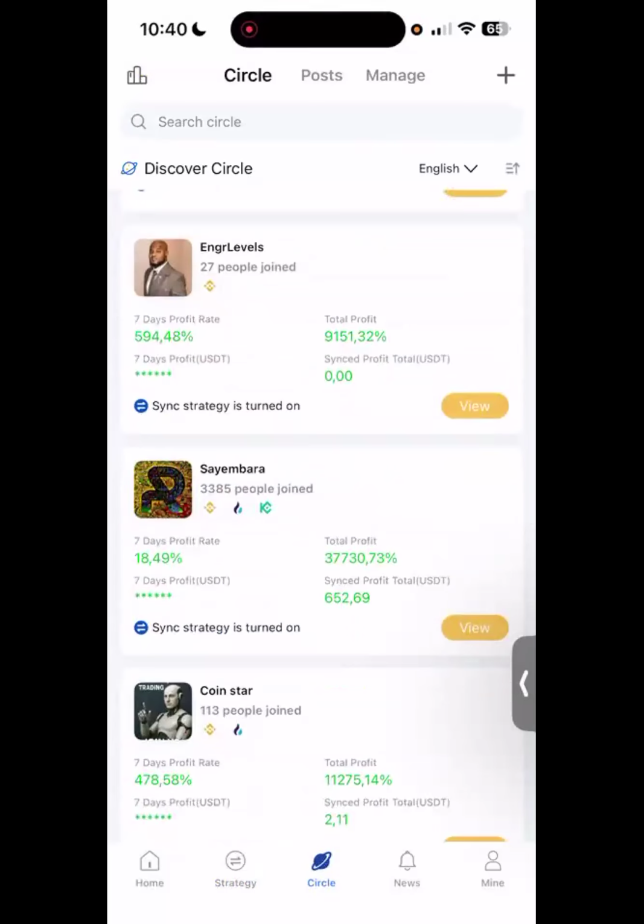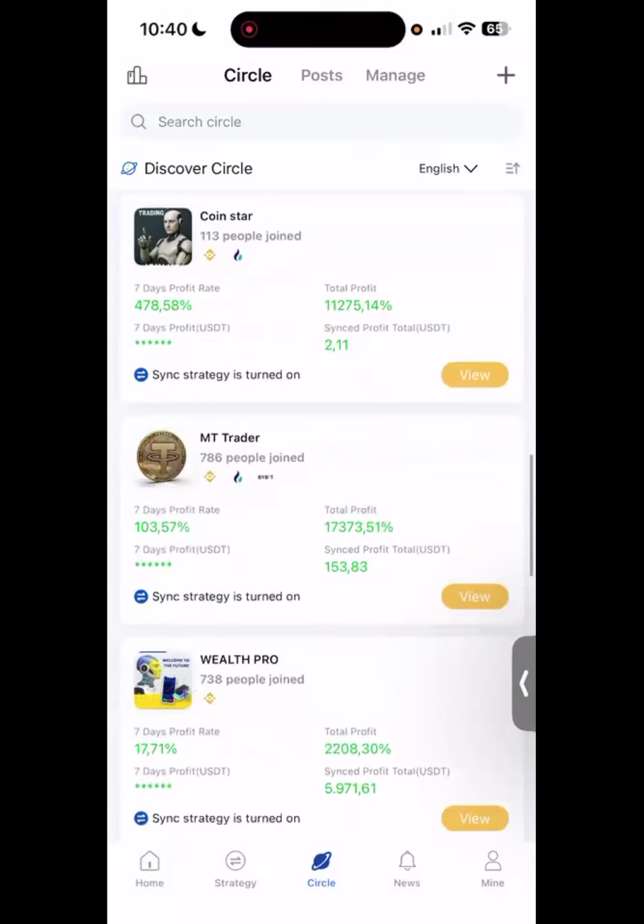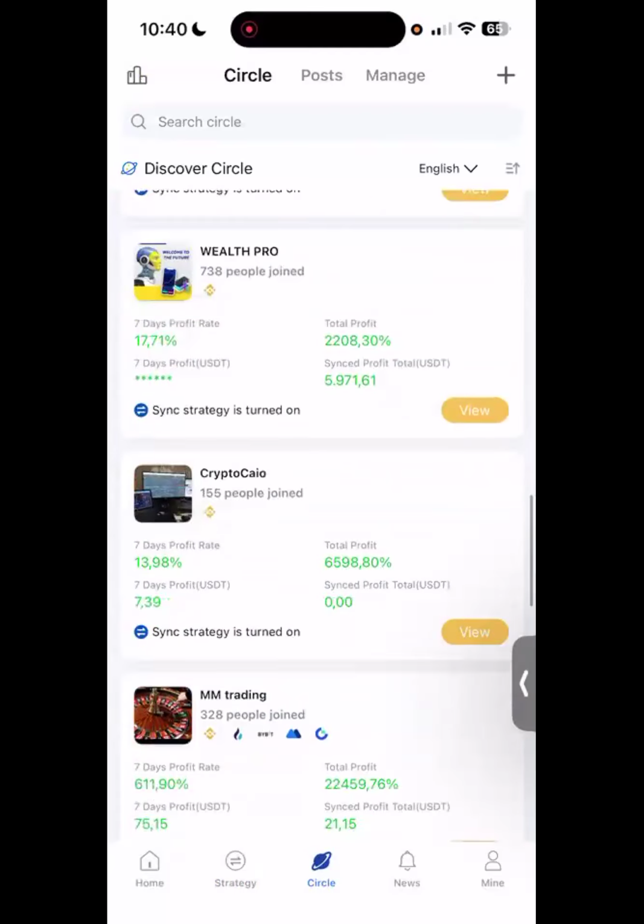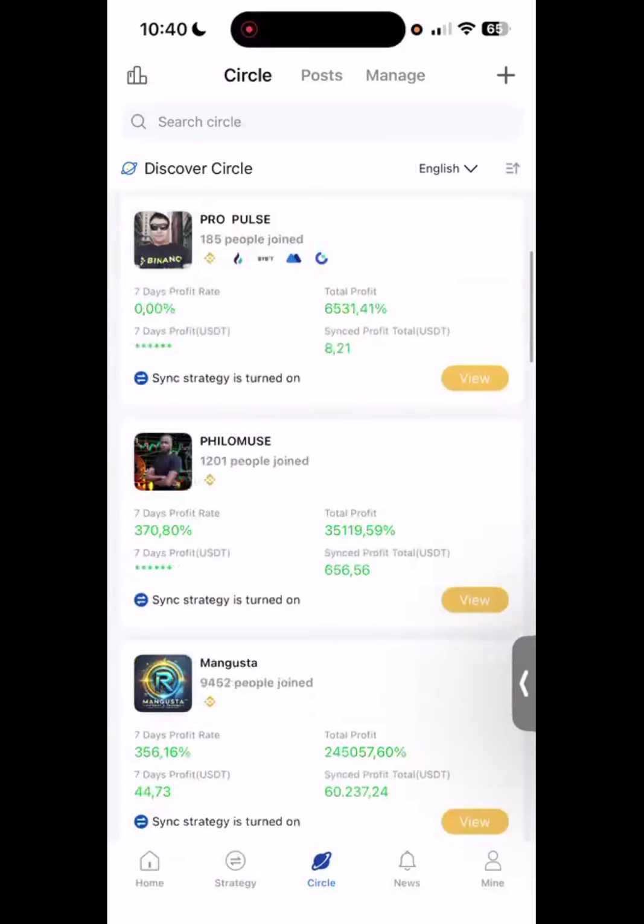Now, with the copy traders, if you want to sync to their strategy, you need to pay what we call strategy fee. Not strategy fuel. Strategy fuel is the charge deducted as fuel fee, but strategy fee is for the copy traders. I don't know if they've changed the name, since we have two strategies confusing people.